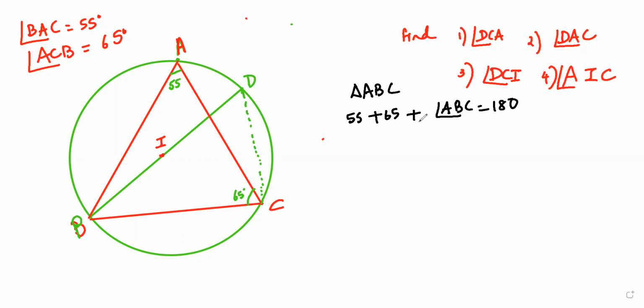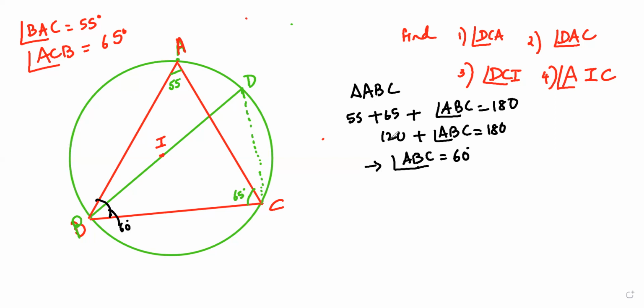We have marked that, it's given in the question. So, 55 plus 65 is 120, plus angle ABC will be 180, which means angle ABC will be 180 minus 120, which will be 60 degrees. That complete angle B will be 60 degrees. I'll mark it here, 60 degrees.